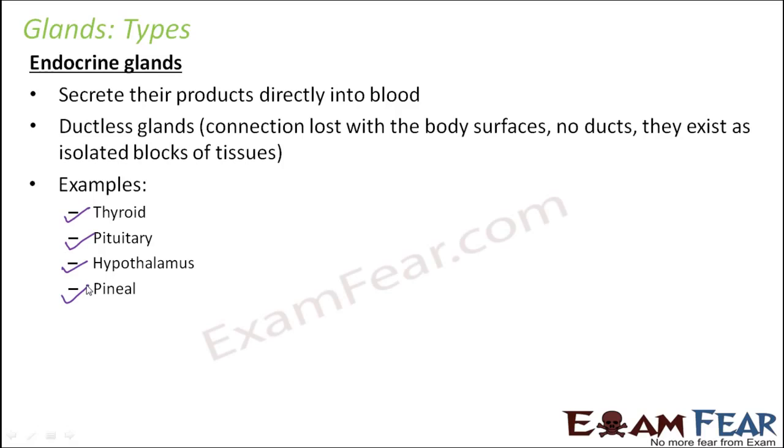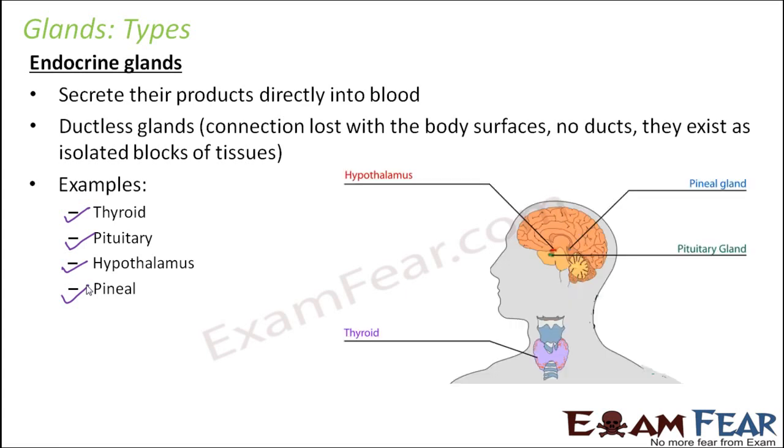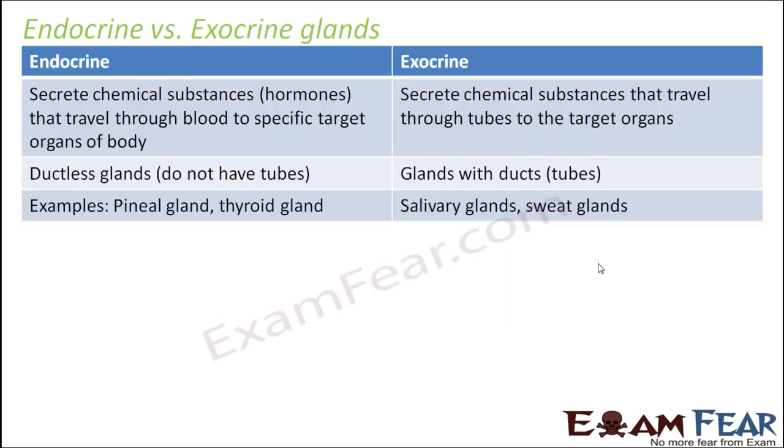Now we will not get into the detail of each of these endocrine glands, but for now you should just have this idea of what an exocrine gland is and what an endocrine gland is. Thyroid, as we say, is present near the neck. Other than that, hypothalamus, pituitary, pineal, they are all present in some part of the brain. If you want to learn about these in detail, please refer to the videos of class 10th.